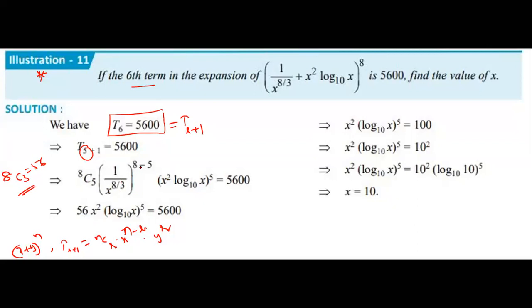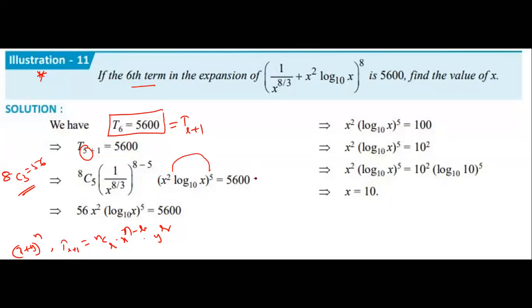Simplify, how much coming? This is the x power. How much coming now? 8 minus 5 with 3 cancel, x power minus 8 is coming. Simplify from these cases. What is the result? x power 10. x power 10 into how much coming? Take it. x power minus 8 is coming.